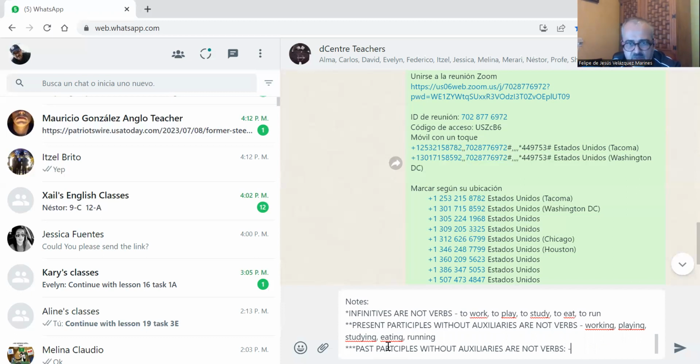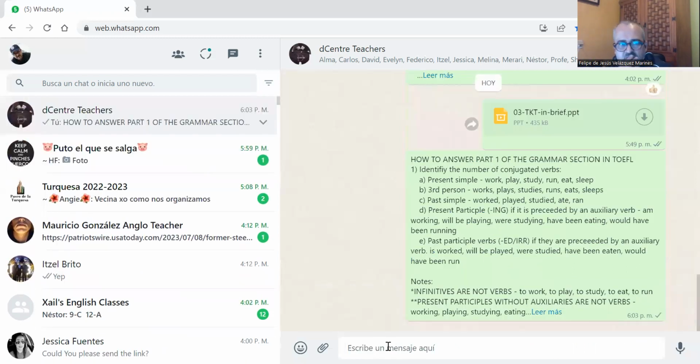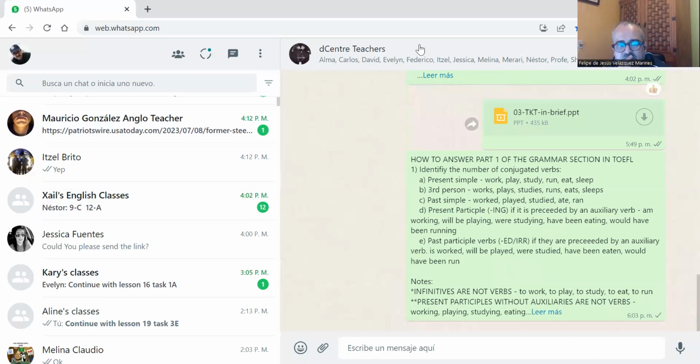For example, worked, studied, played, ate, eaten and run are not verbs if you translate them as had oído, tos ocho, and before them they don't have an auxiliary.